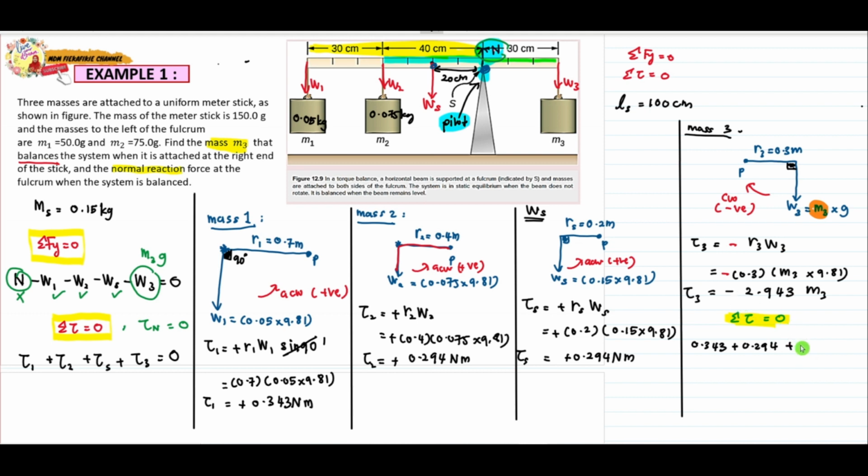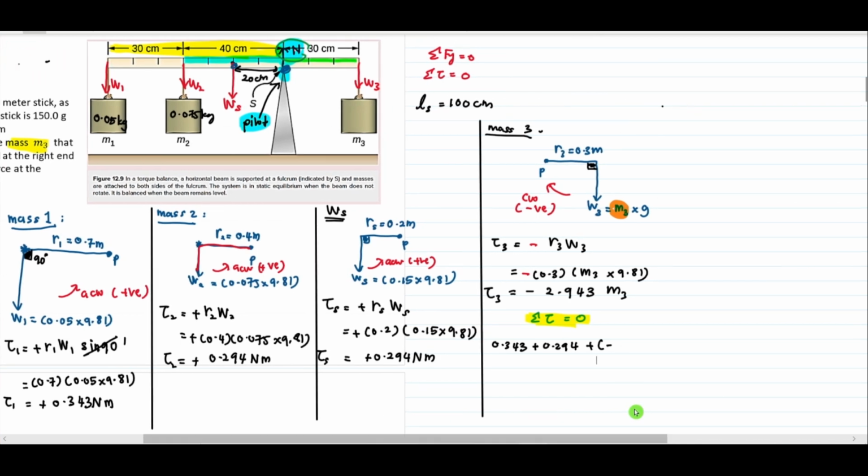Torque 3 kita tadi negatif. Okay, so tak muat dekat sini. Saya tarik sikit ya. Okay, negative 2.943 M3, plus torque S, iaitu due to the weight of the stick, 0.294 equal to 0.